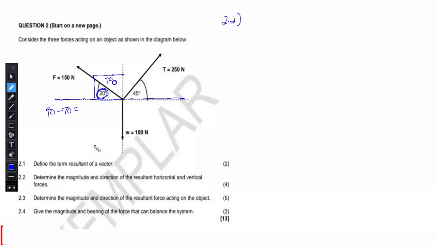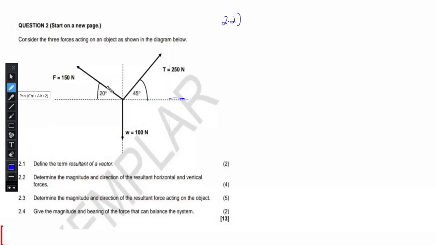So always put it in the back of your mind, the first thing to check is whether the angles are in the correct position. Your angle should always be between the horizontal and the force in question. If it's on the other side, subtract from 90 degrees. Okay, now let's continue.